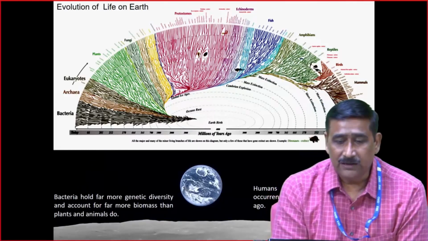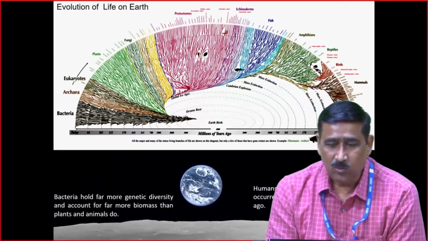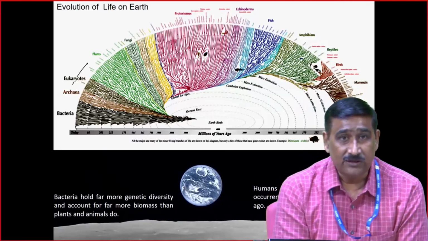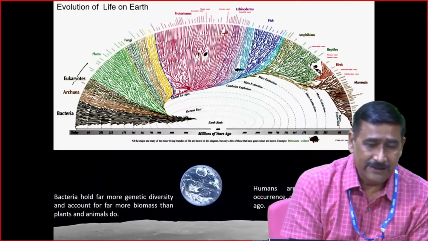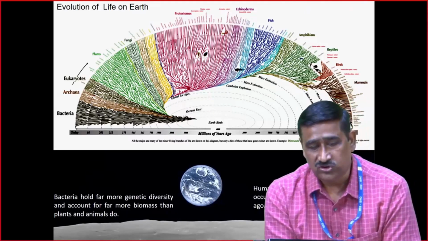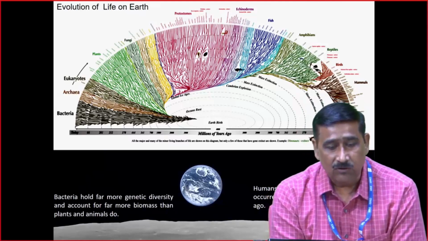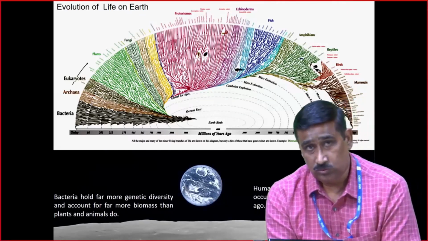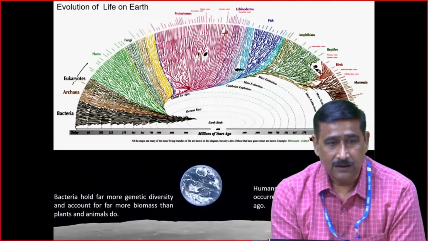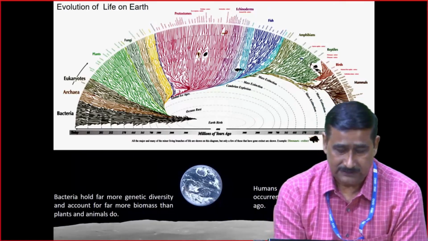In fact, humans are a rather recent occurrence, only 6 million years ago in the history of billions of years. It is also said that bacteria hold far more genetic diversity and account for far more biomass than any plant and animal do. This is the basic life cycle on Earth.